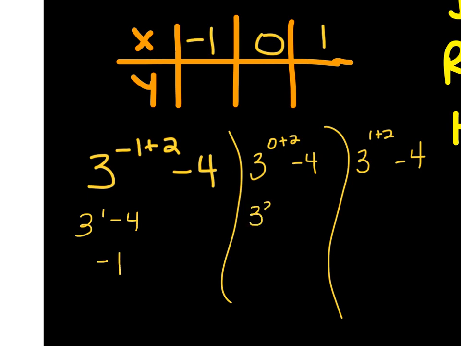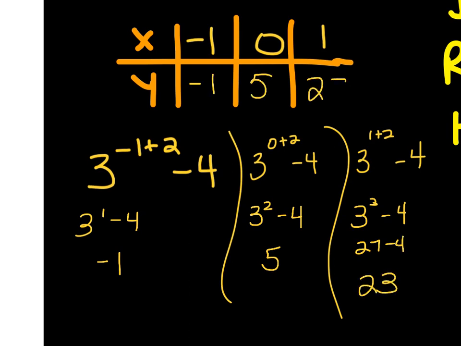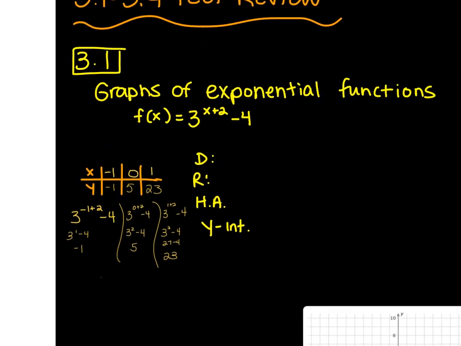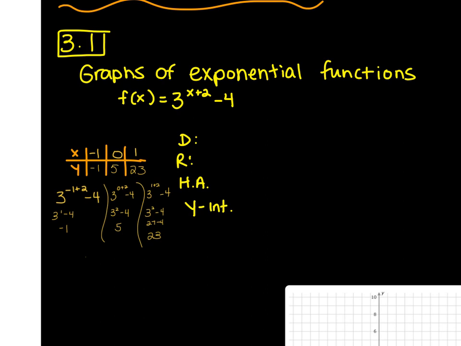This is 3 to the second minus 4, or 9 minus 4, which is 5. And this is 3 to the third minus 4, 27 minus 4, or 23. With me so far? Yeah.